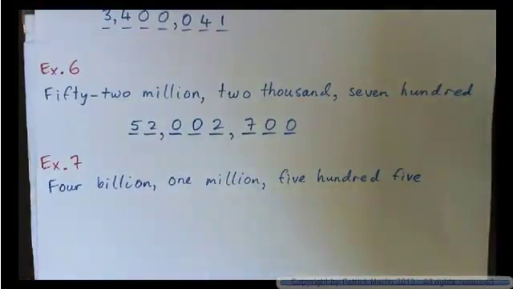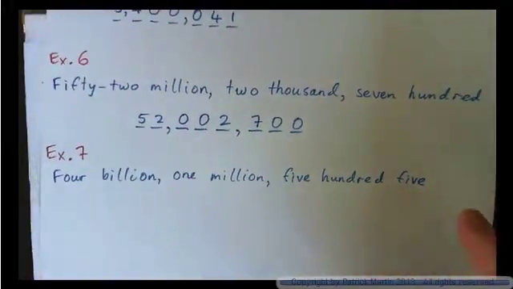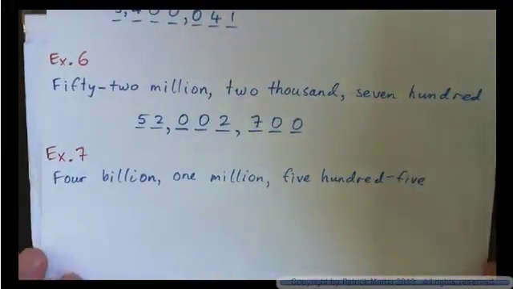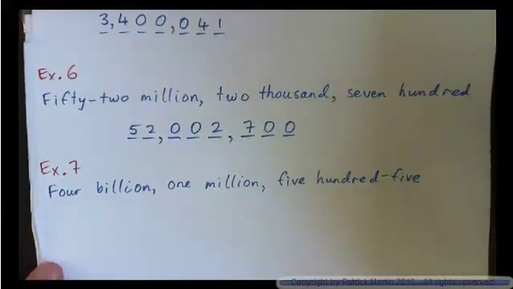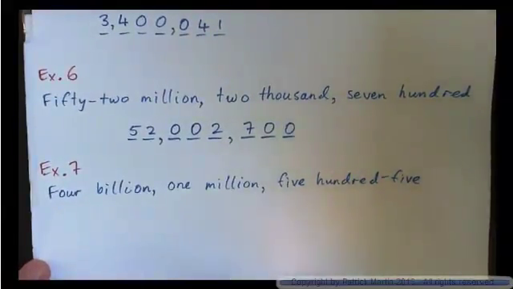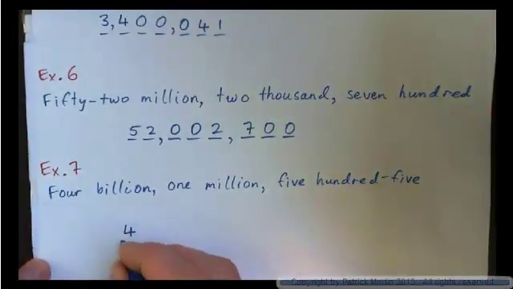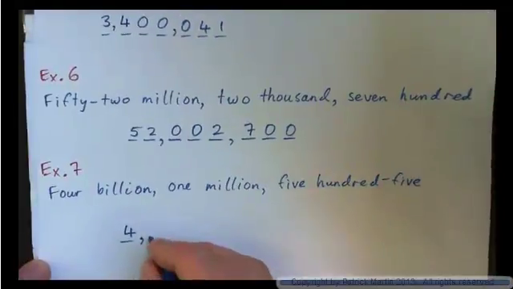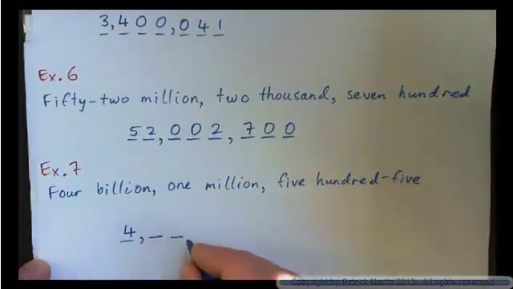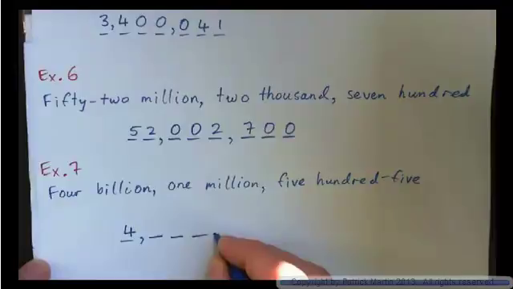4,001,505,000. And this 5 here is units, so it's 505, if you know what I mean. Right. Okay. So press pause and do it, then I'll do it. Okay, so it looks like we're starting with billions. So 4 billion, right? After billion comes 100 millions, 10 millions, millions, right?